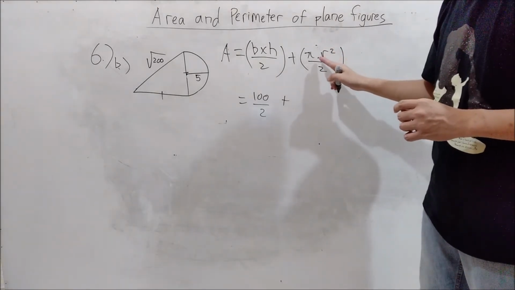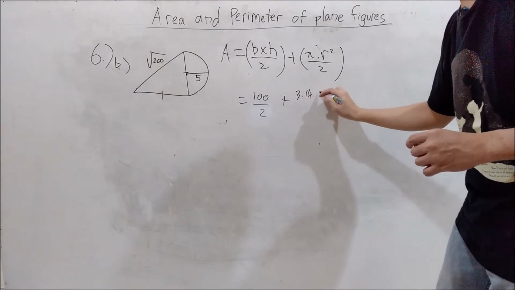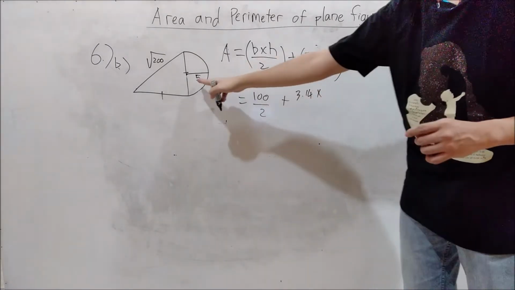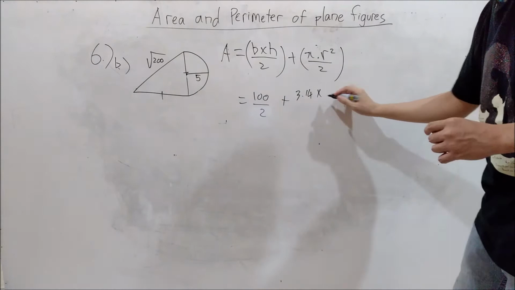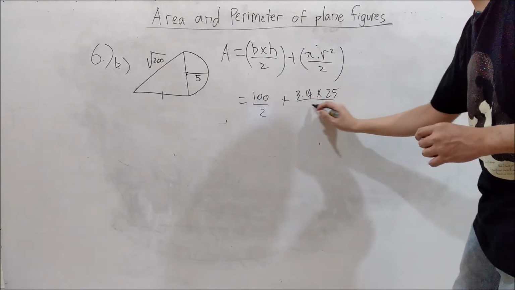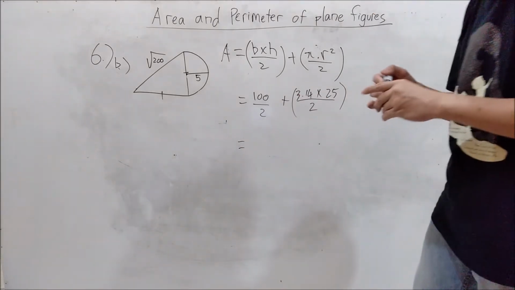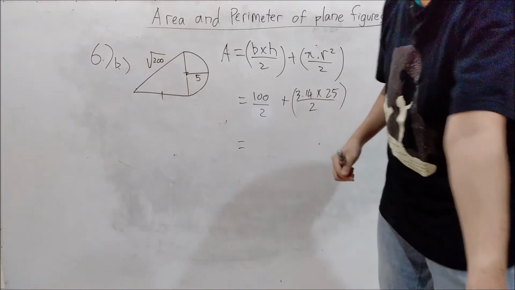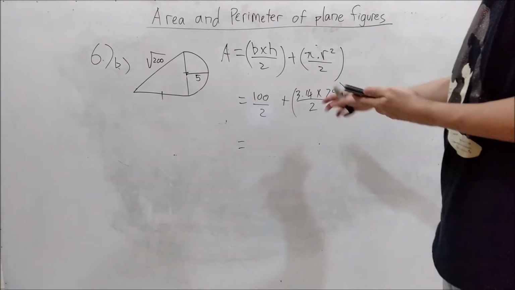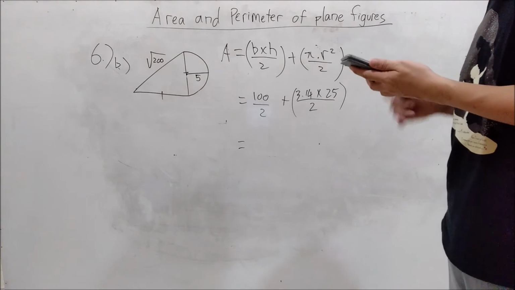So in this fraction, I will have 3.14 times the radius, which is 5, so 5 squared is 25, divided by 2. Then you will count this. I will use the help of my calculator again to count 3.14 times 25.